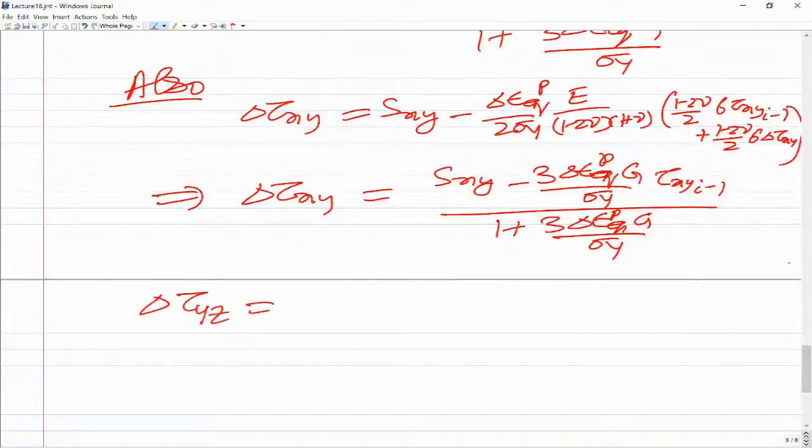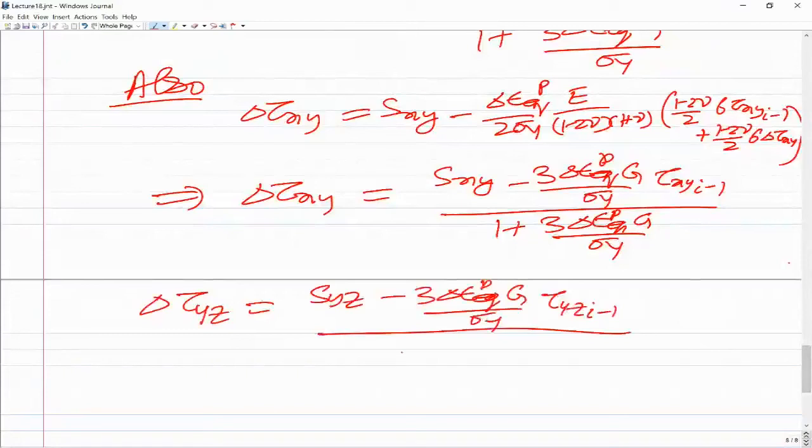although a little bit lengthy. So delta tau yz is syz minus 3 times delta epsilon equivalent p into g upon sigma y into tau yz at I minus 1th iteration, and the whole is divided by 1 plus 3 delta epsilon equivalent p into g upon sigma y.